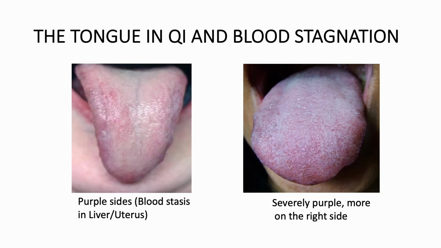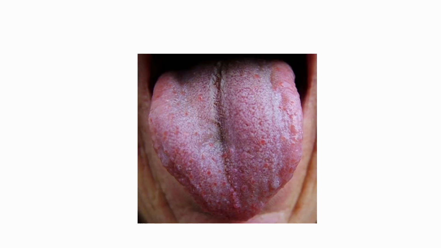The tongue body color reflects the condition of blood more than that of qi. Therefore, in conditions of qi stagnation, the tongue body color may be unchanged, whereas in blood stasis, the tongue body color will become purple. A purple color on the sides always indicates blood stasis.